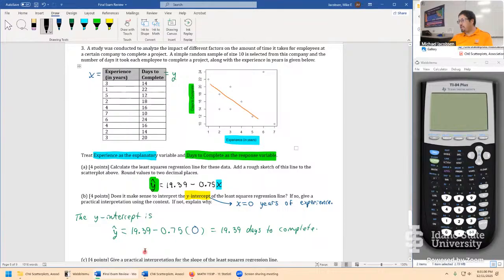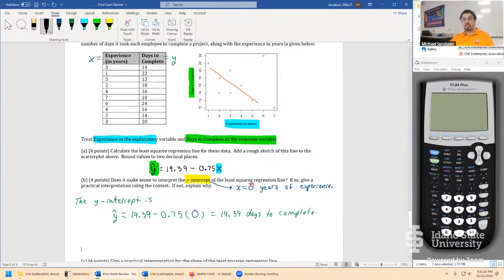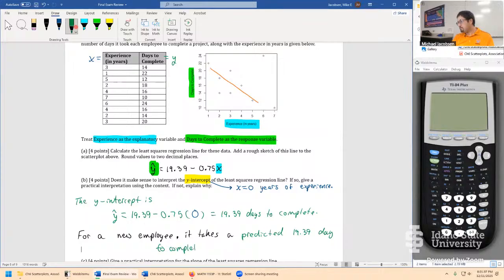So we need a practical interpretation using the context, because 0 years does make sense, but the interpretation goes fast. We'll just say for a new employee, that's one with 0 years of experience, for a new employee, it takes a predicted 19.39 days to complete the project.